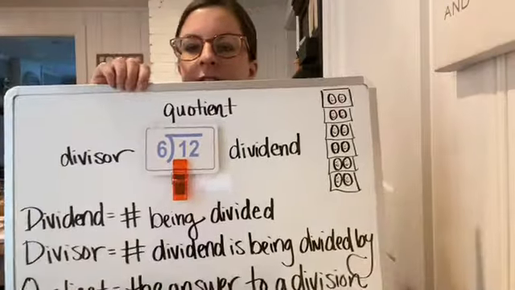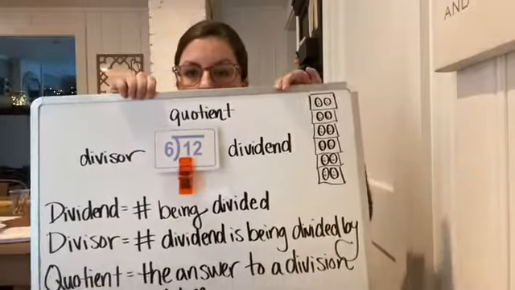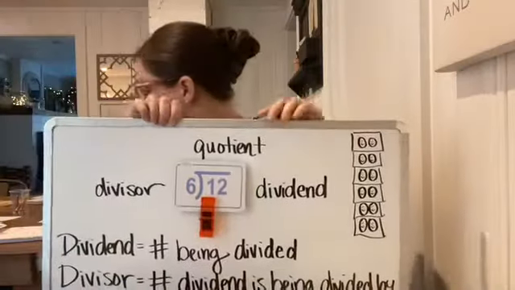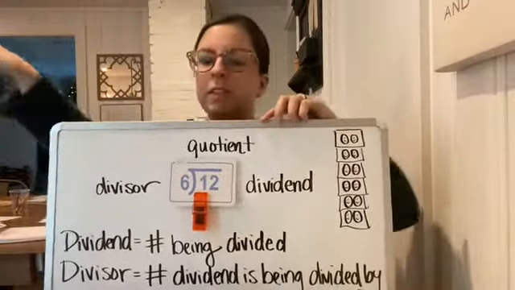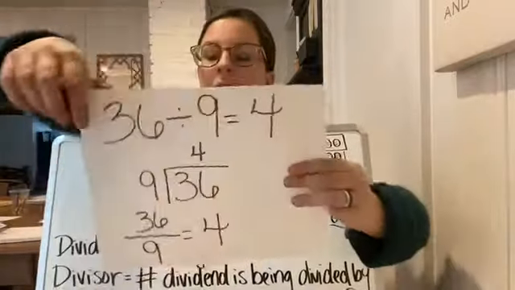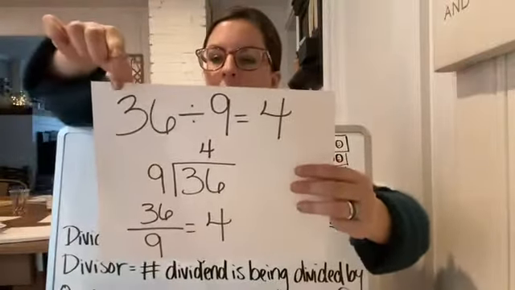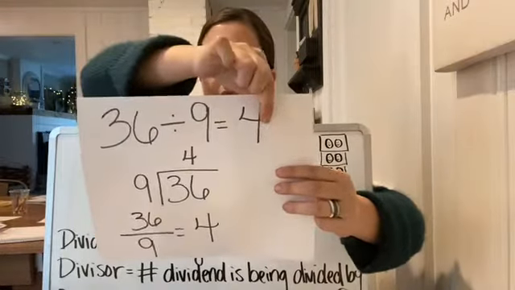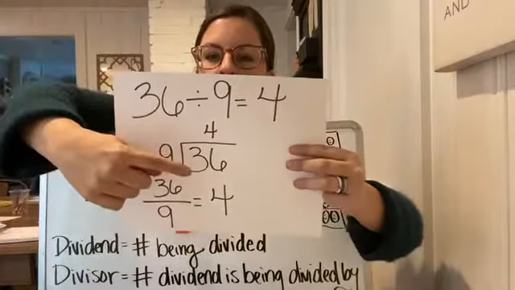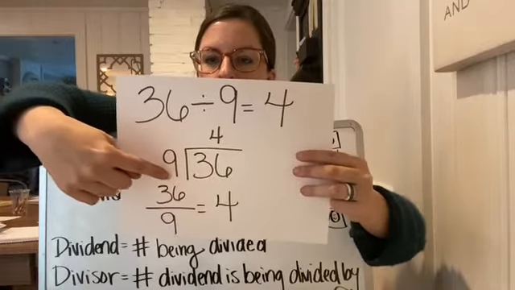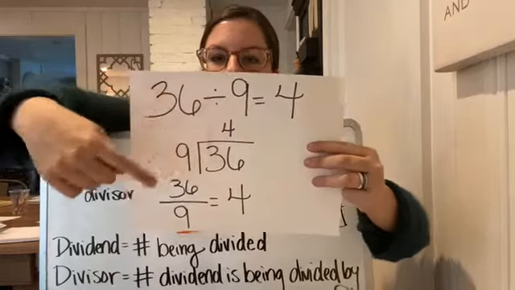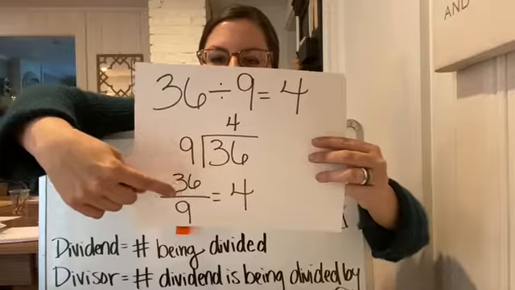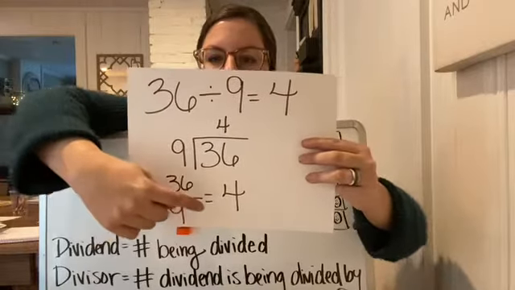Okay, so I have a division problem here. Remember, division problems can be written 3 different ways. You read this, 36 divided by 9 equals 4. This way, 36 divided by 9 equals 4. And this way, 36 divided by 9 equals 4.